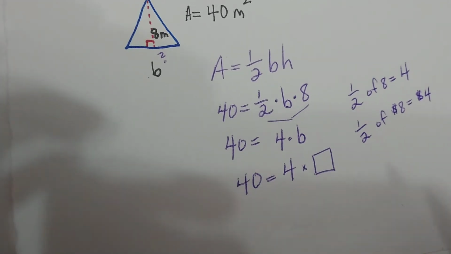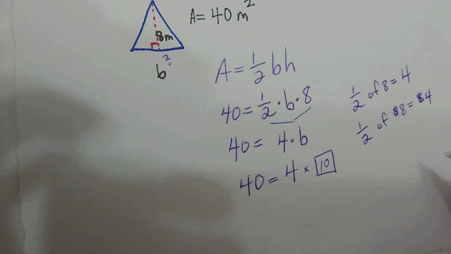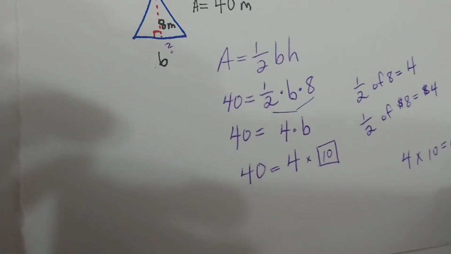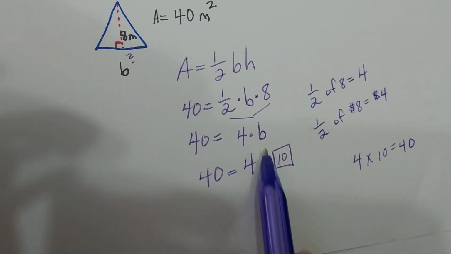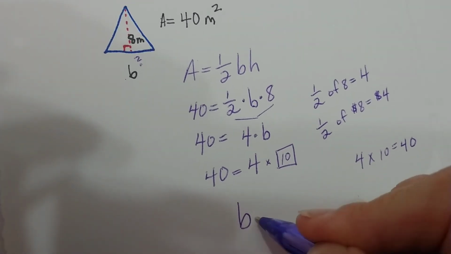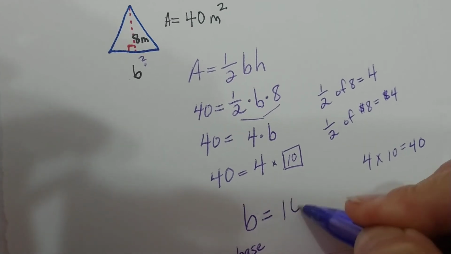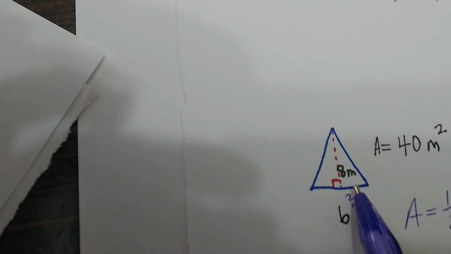Well, I can count by 4s and come up with 10. 4 times 10 equals 40. So what that means is that my missing b is actually 10. So the base, and this b stands for base, equals 10. And what are our units? M for meters.